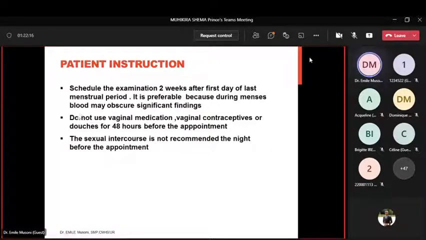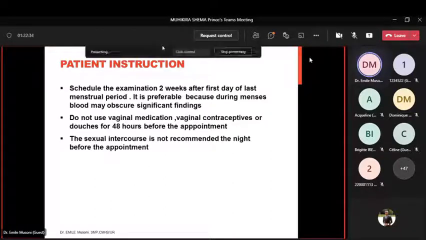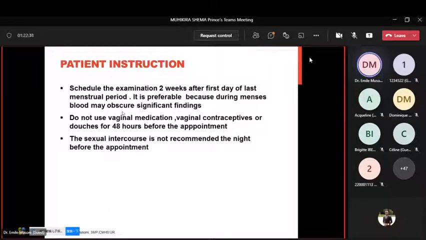Before taking the sample, do not use vaginal medication, vaginal contraception, or douche for 24 hours before an appointment, because if you are cleaning the cervix, during the cleaning you remove the cells. But this is a big challenge in practice. To tell the woman to come to the hospital without douching is a big problem.